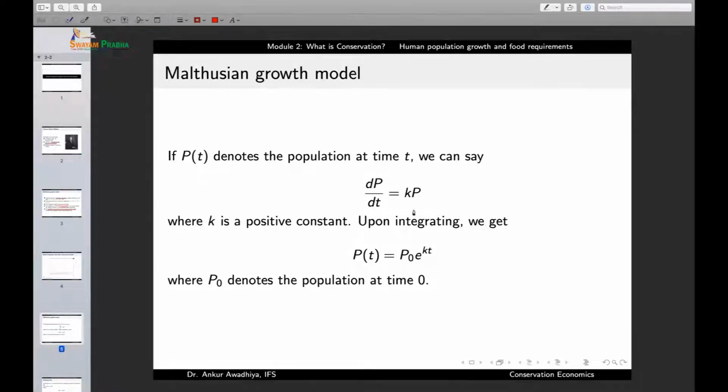So k in this case is a positive constant, and upon integrating we can get that Pt is equal to P0 into e to the power kt, where P0 is the population at time 0. So if you put t equal to 0, e to the power 0 becomes 1, and so Pt becomes P0.